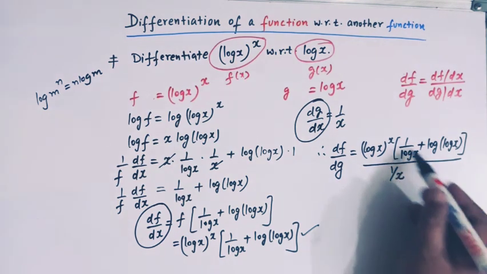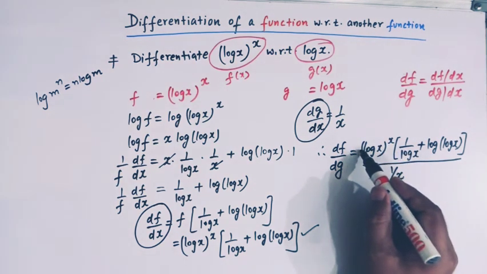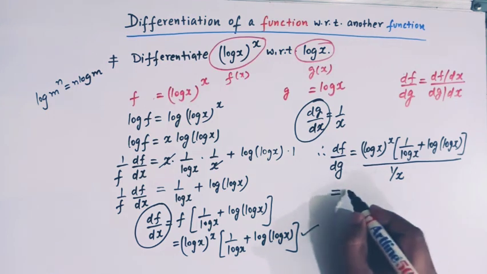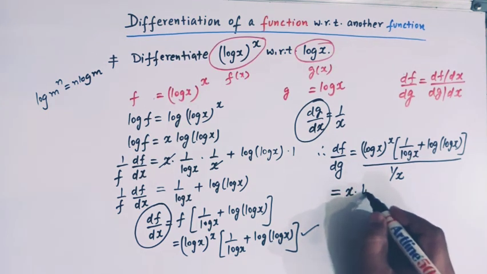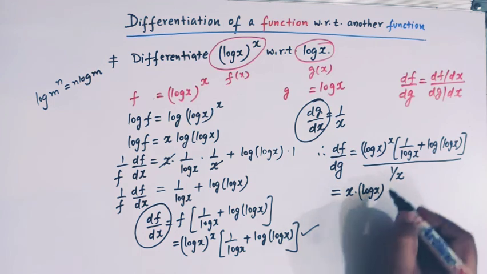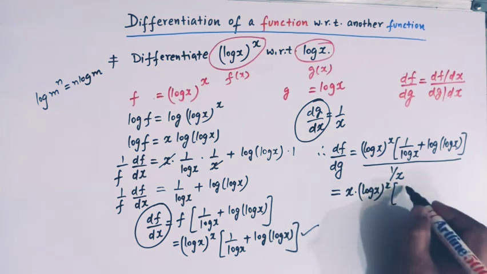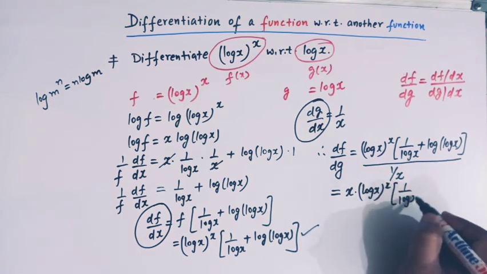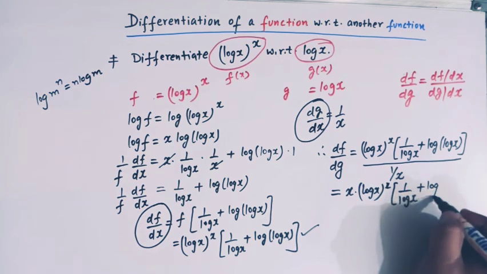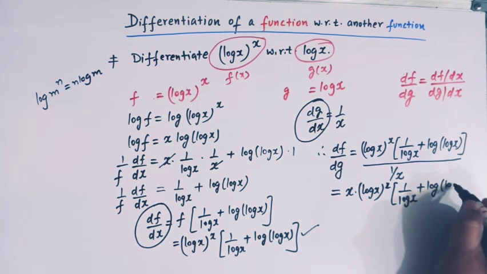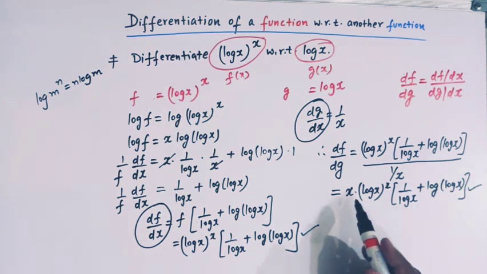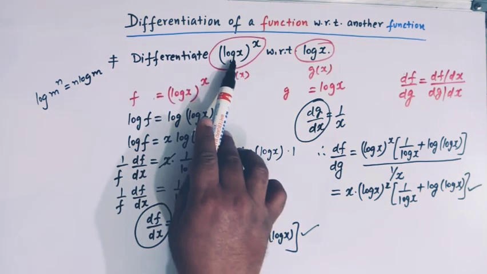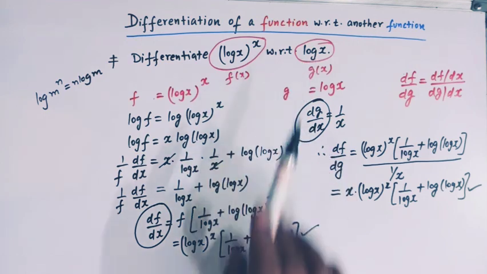Now taking this x to the numerator, we have x times log x raised to x times 1 over log x plus log of log x, right? So this is the required expression for the derivative of this function with respect to this function.